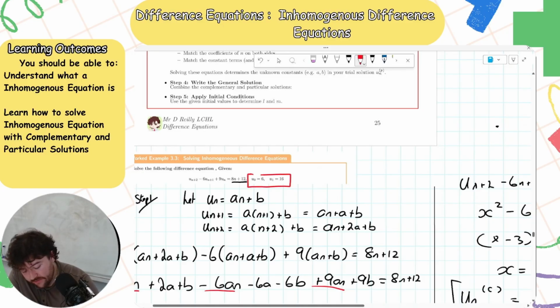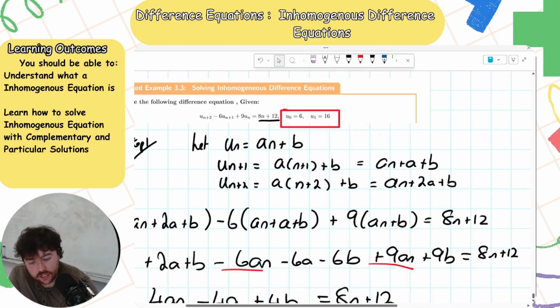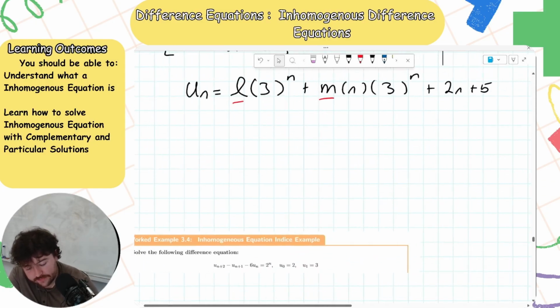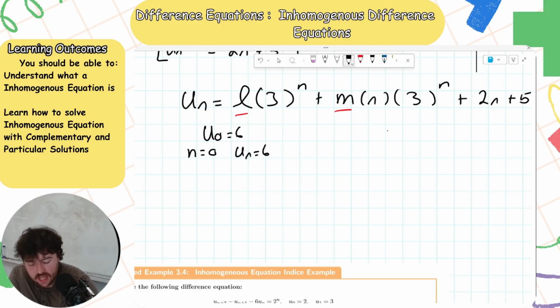And my initial values are u0 is equal to 6, and u1 is equal to 16. So u0 is equal to 6, so n is equal to 0 when un is equal to 6. And then u1 is equal to 16, so n is equal to 1 when un is equal to 16.